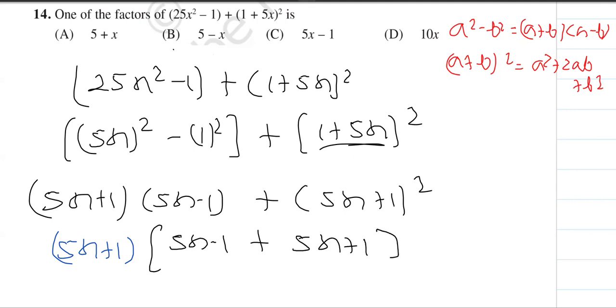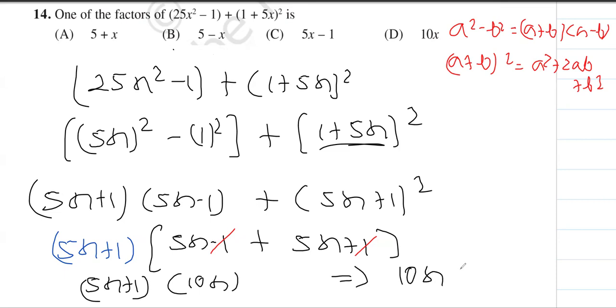After dividing this with 5x plus 1, we'll be left with 5x plus 1. So we see that minus 1 and plus 1 get cancelled. And if I rewrite this, we have this as 5x plus 1. And from here, this is 5x plus 5x, which is 10x. Now, ordinarily, we write the monomial first. So 10x multiplied by (5x plus 1) is the factorized form of this.